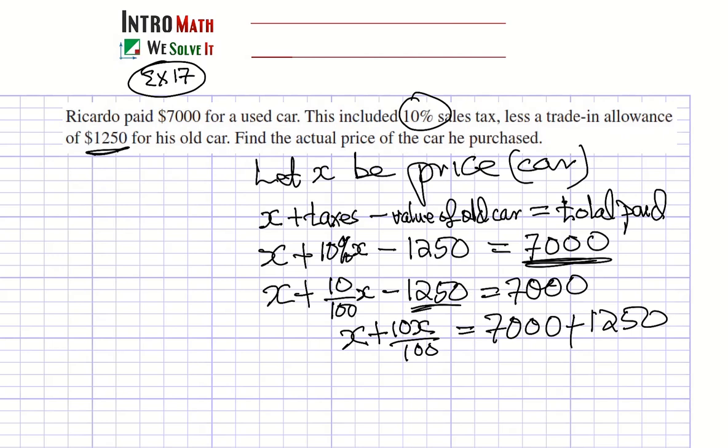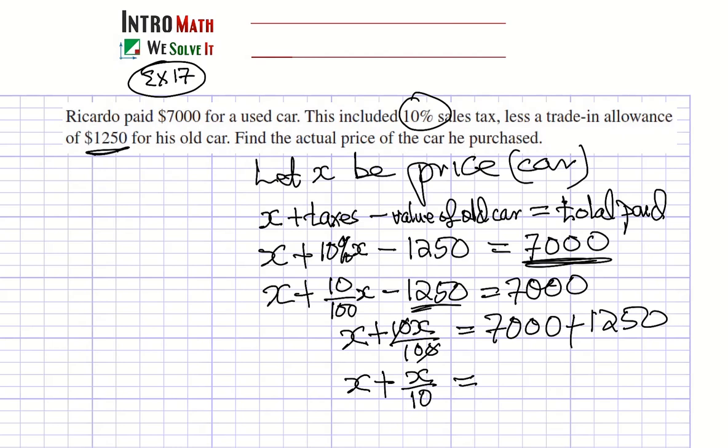Before we use our trick, let's reduce the numbers so we're not working with huge numbers. Dividing that, it will be X plus X over 10. You see that, right?